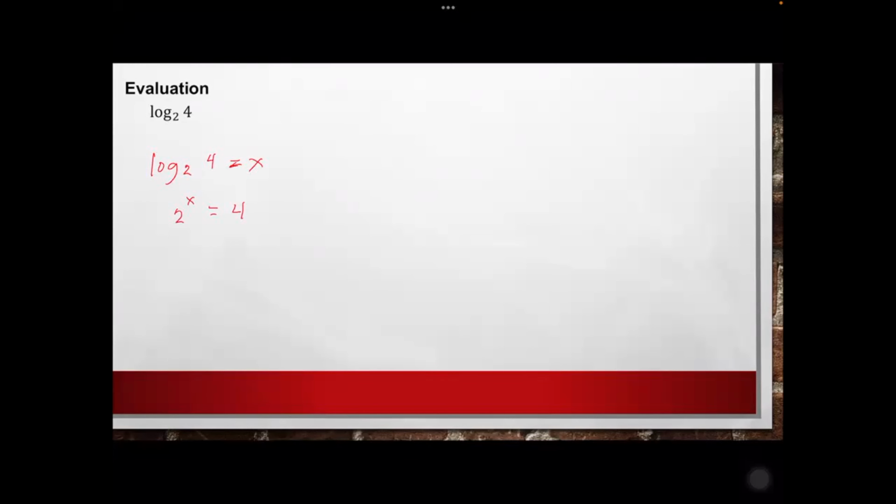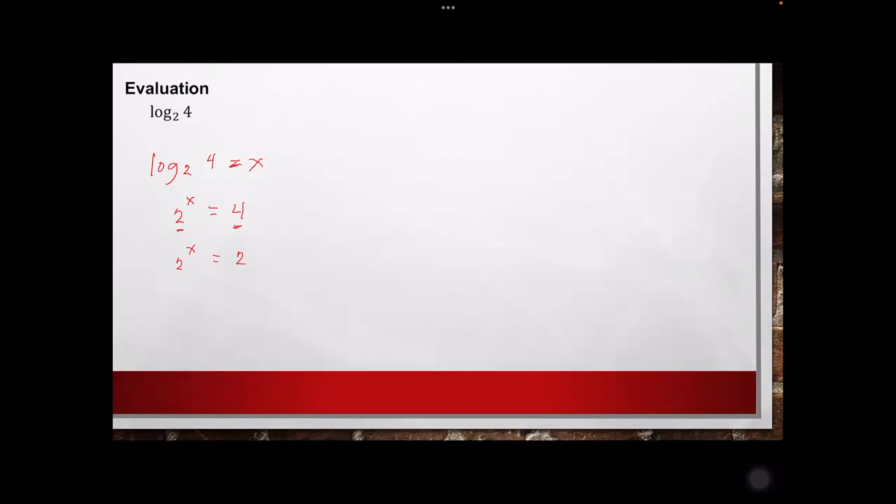Then, after that, we have to make sure na parehas yung base natin. So, yung base natin ay 2 sa kaliwa, pero yung sa kanan ay 4. So, we have to transform this 4 into the base of 2. Ano yung magiging exponent ni 2 para maging 4 siya? 2 po.